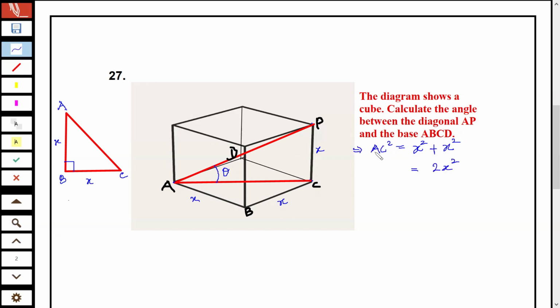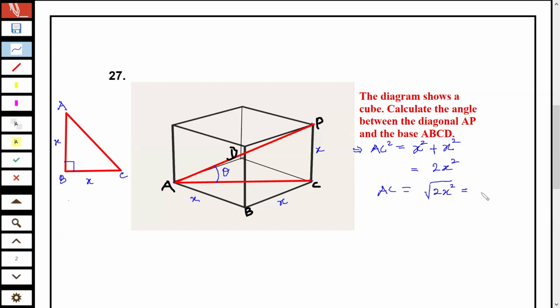Now, to find the length AC, we have to introduce the square root on both sides. AC will be equal to the square root of 2x squared.